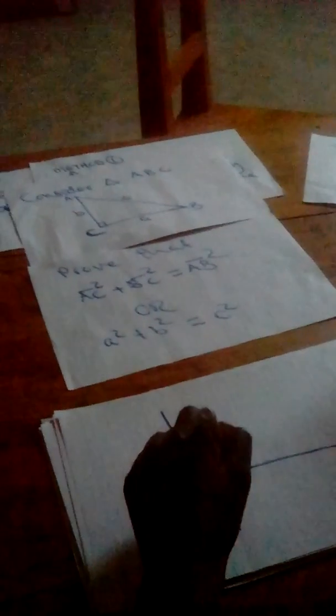You need to reconstruct this right triangle. It is called ABC.